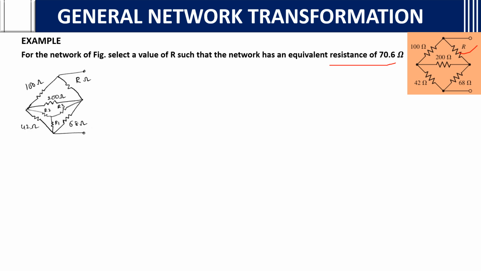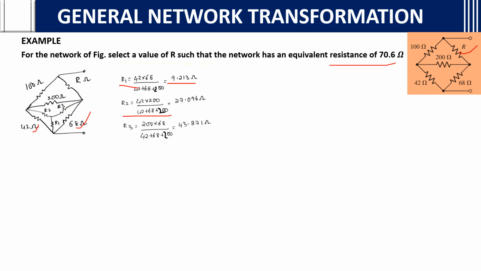See, now here, in the down portion, to clarify that any delta can be converted into star. This looks like a delta, no? Now we'll convert into star. What is the technique? R1 is equal to the product of the adjacent resistances, 42 into 68 by 42 plus 68 plus 200. You get 9.213.